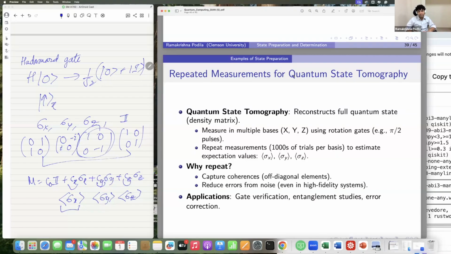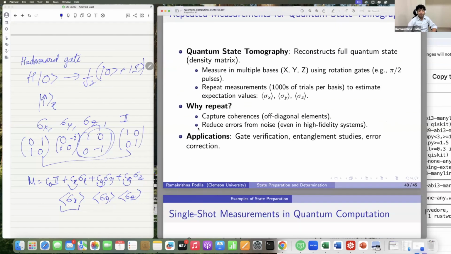They cannot give me the density matrix. If I want the density matrix, I have to repeat measurements, not just repeat them, but repeat them along different bases to get my full density matrix, which gives me the off-diagonal elements that have to do with coherences, which we will talk about more in the next lecture.